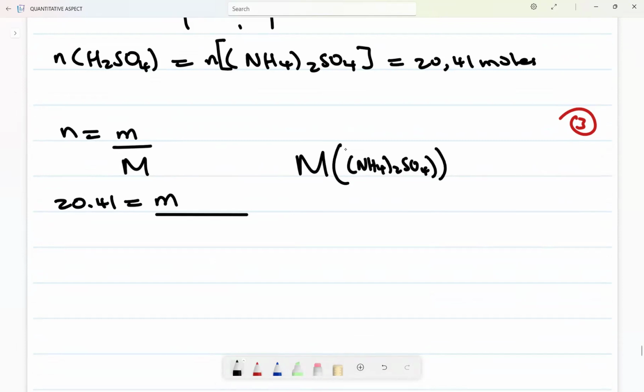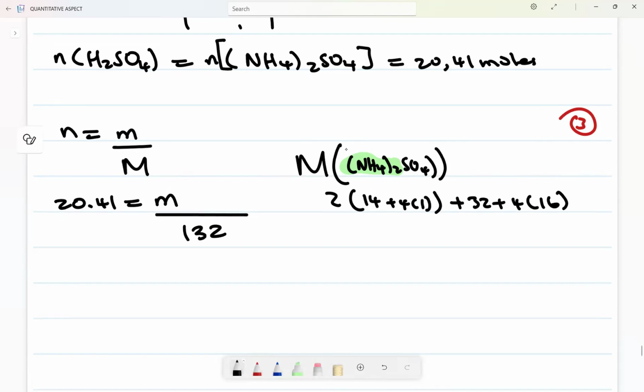I want you to look at this one first. It's going to be 2 into NH4, which is 14 plus 4 into 1, plus sulfur is 32, plus oxygen, 4 into 16. Then I get something like 2 into 18 plus 32 plus 64, which is 132.